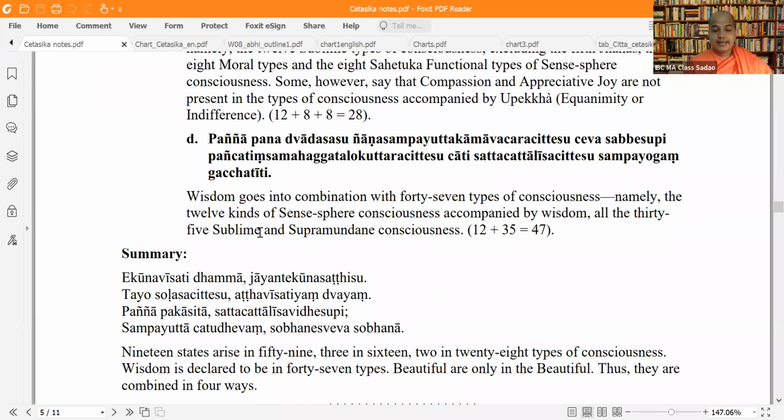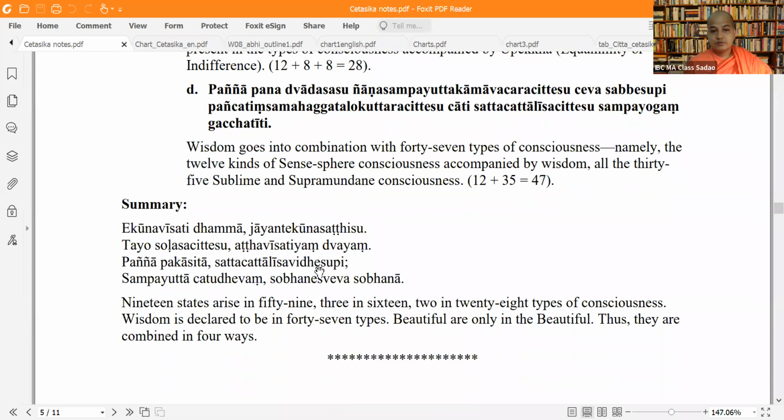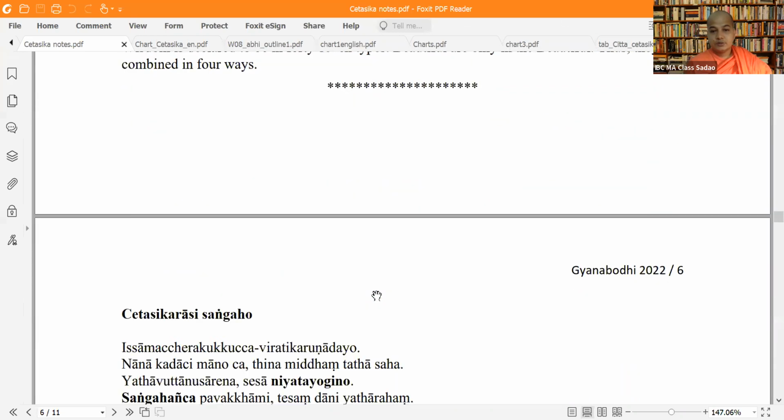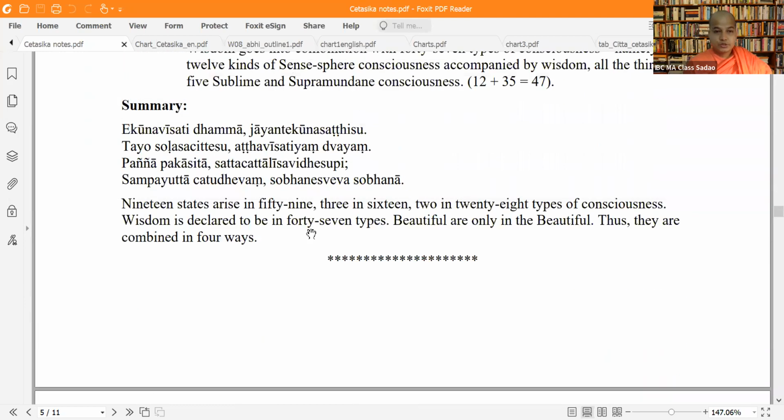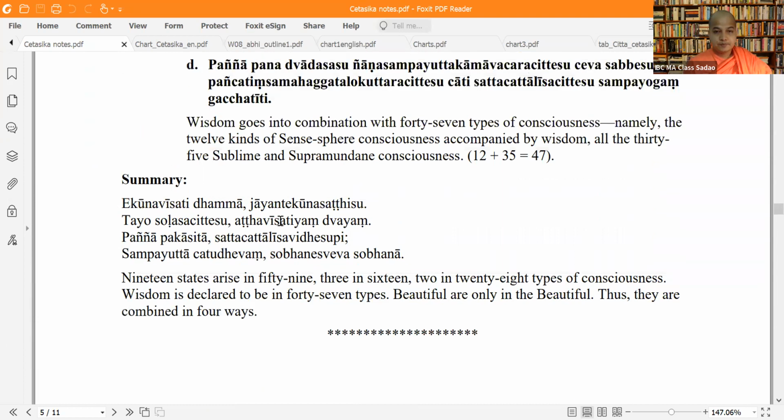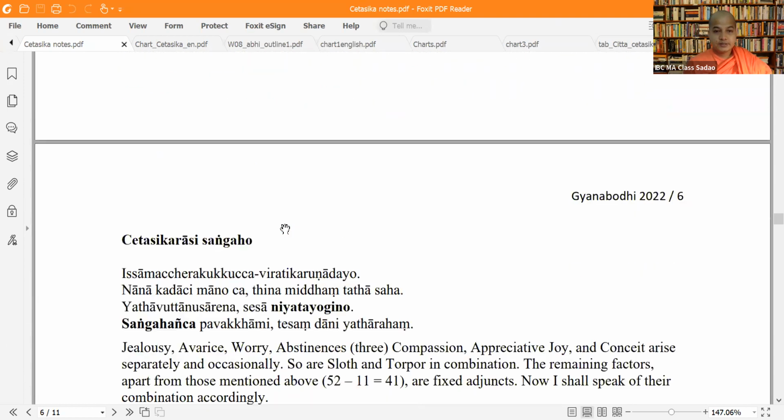Lokuttara chitta and sublime chitta here refers to the higher types of chitta belonging to rupa and arupa vachara chittas. So this is one way of looking at the combinations.